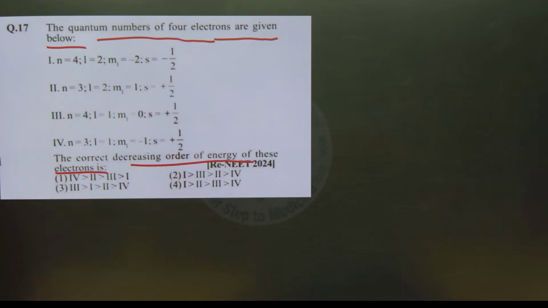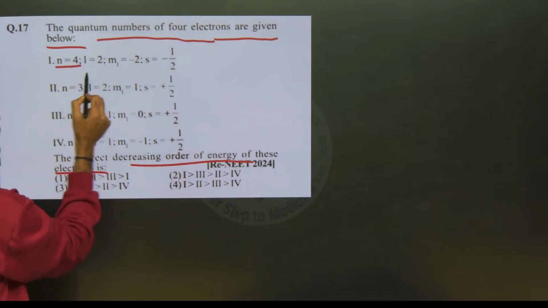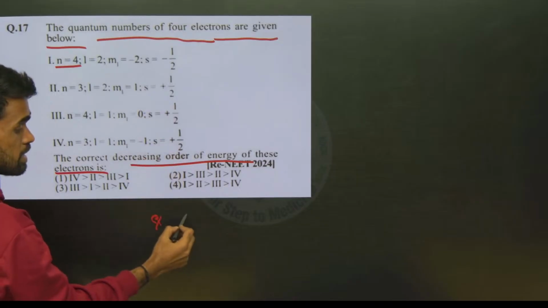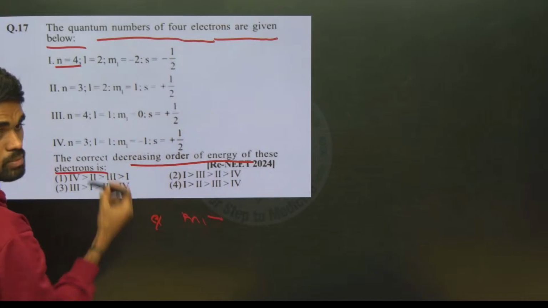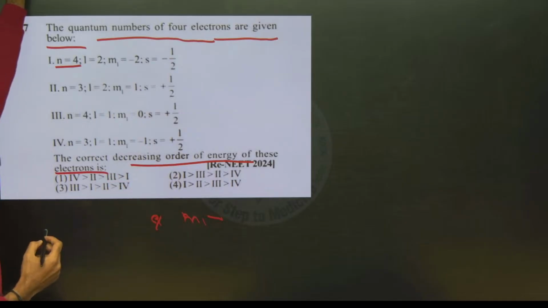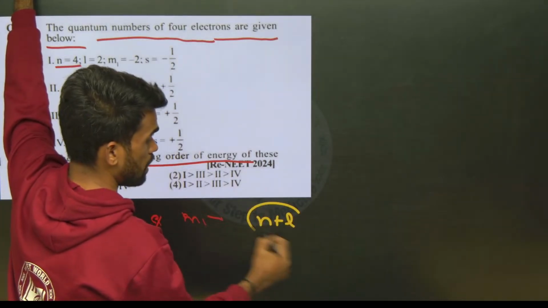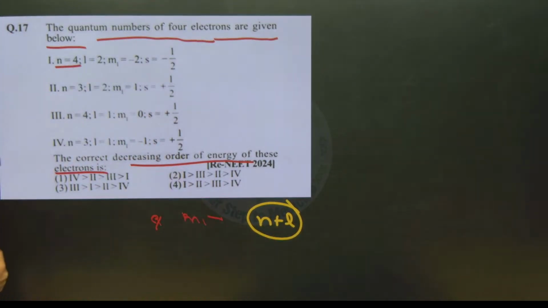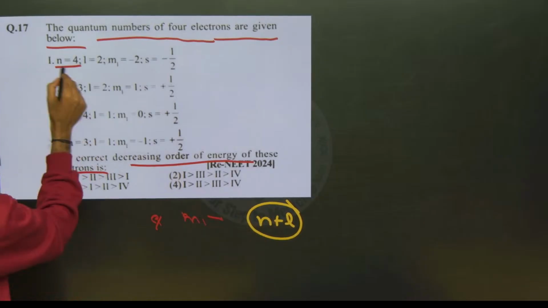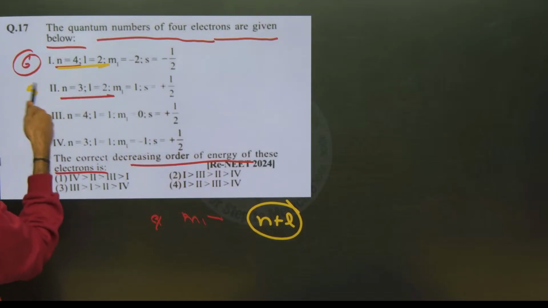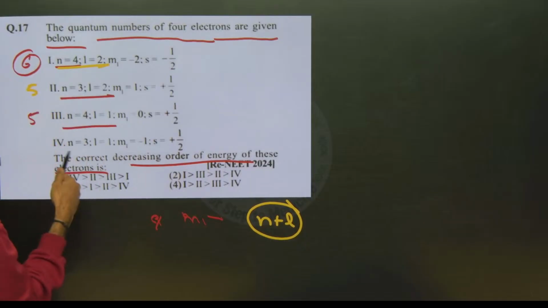n equals 4. See, whenever a single electron is mentioned, always consider it a multi-electron system. So the energy for a multi-electron system is considered from the n plus l value. So consider which has the higher n plus l value. First consider the n plus l value. This is 6 in the first case, this is 5, this is 5, and this is 4.